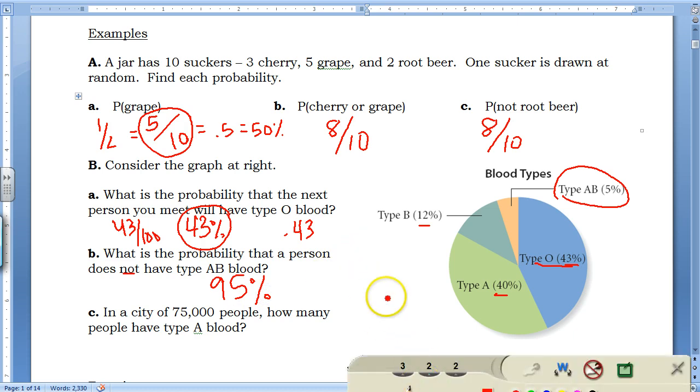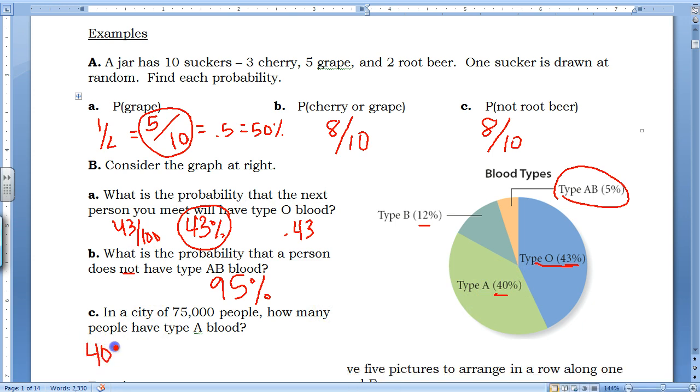And letter C says, in a city of 75,000 people, how many people have type A blood? Here I have 40% have type A blood. So what I need to do is 40% times 75,000. Now, if you have a percent button on your calculator, you can type 40% times 75,000.